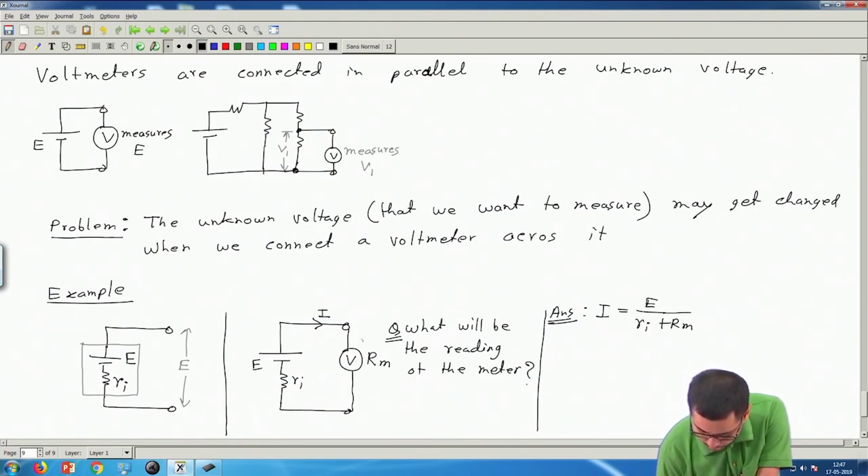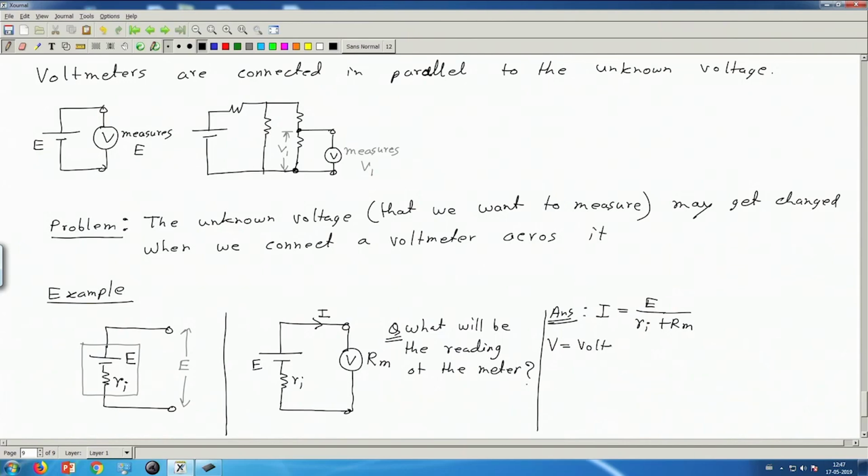And then the voltage drop V across the meter will be this current I multiplied by Rm, Ohm's law.